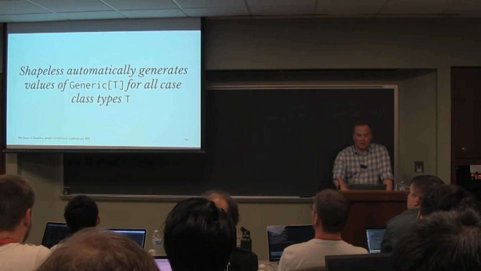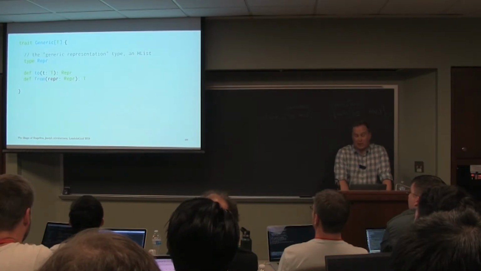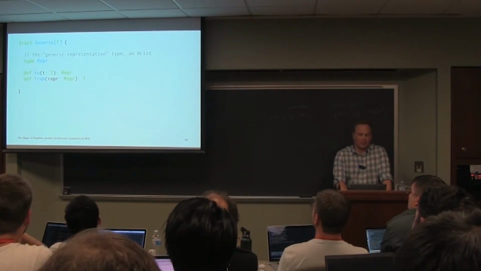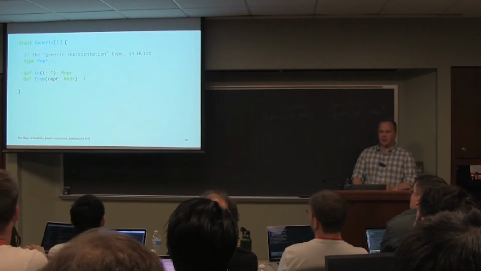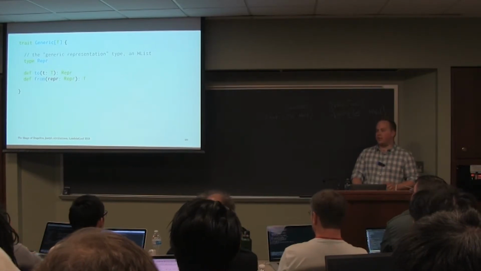So what is Generic? It's a trait, it's a type class, and it has three things in it. One, a type member called Repr, which is representation. This is the whole thing of generic programming.